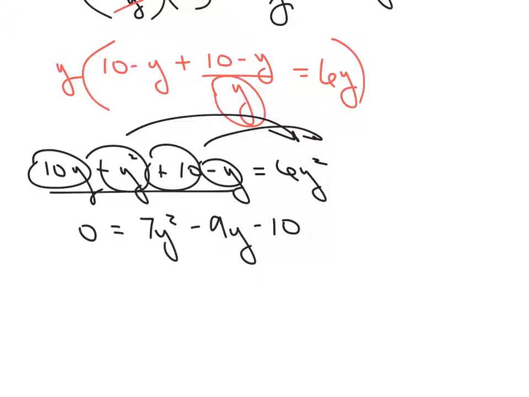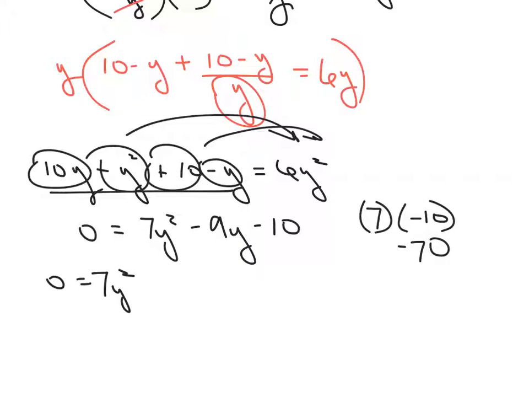So remember this, where you take 7 times negative 10 and get negative 70, and then you're looking for two numbers that multiplied together give me negative 70, but added together give me negative 9, which in this case is going to be 14 and 5.